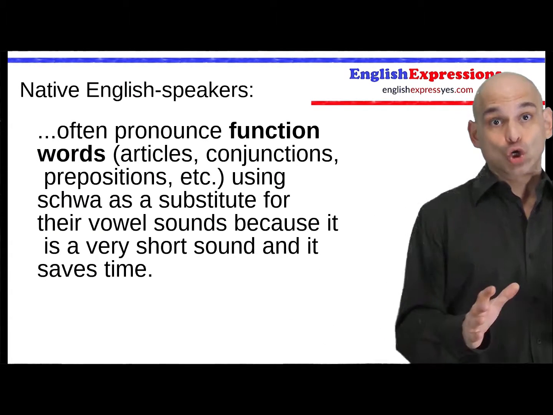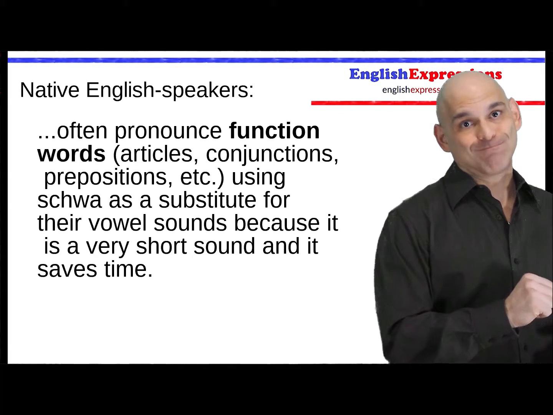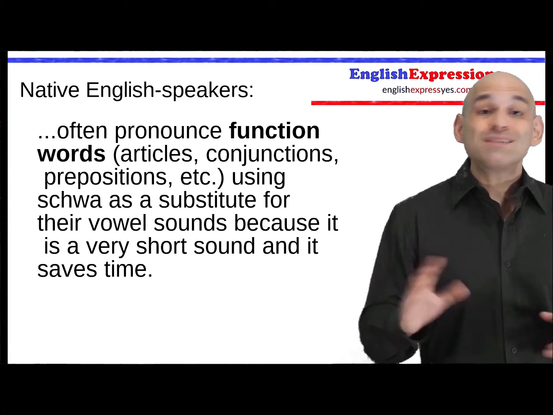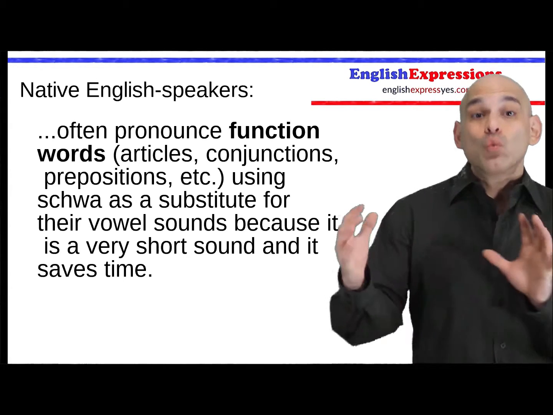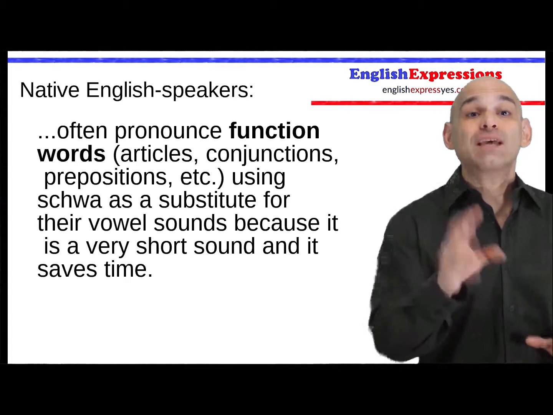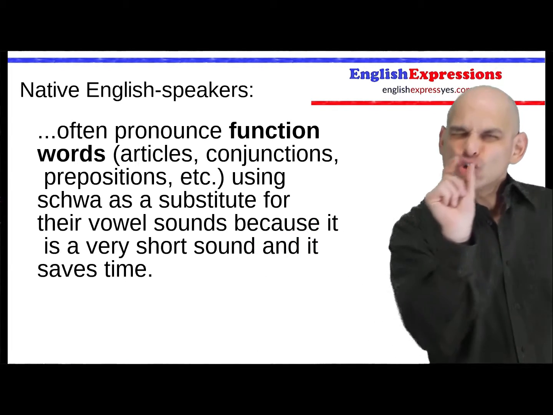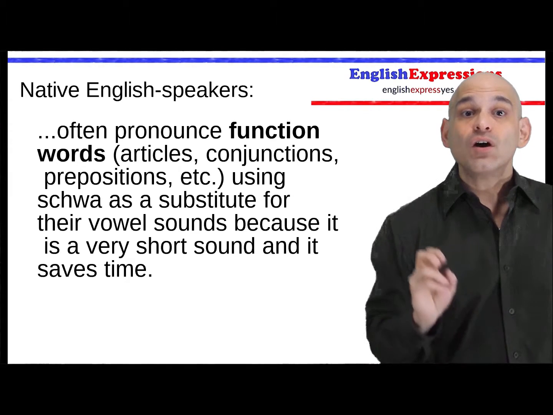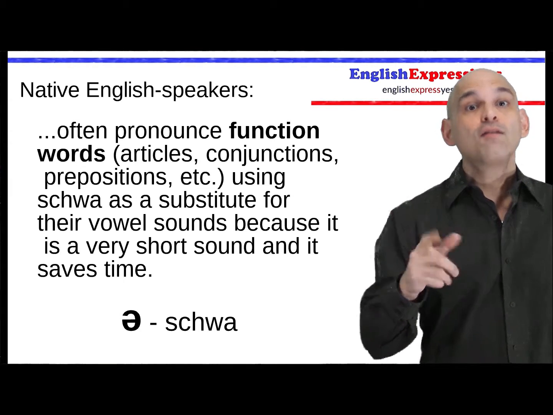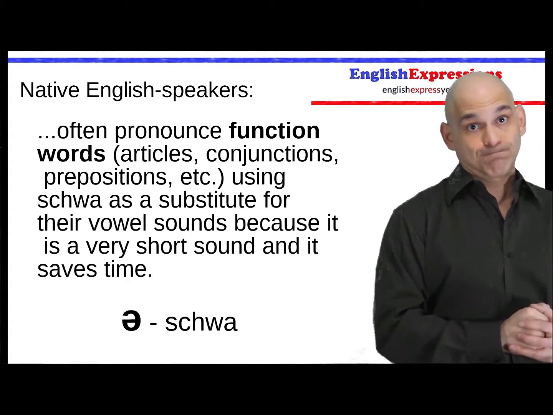They're helper words, like articles, conjunctions, and prepositions. These words, we don't say them fully, okay? We shorten the time it takes to say them by linking them together, and we use the short vowel sound, schwa, for the vowel sounds in many function words.